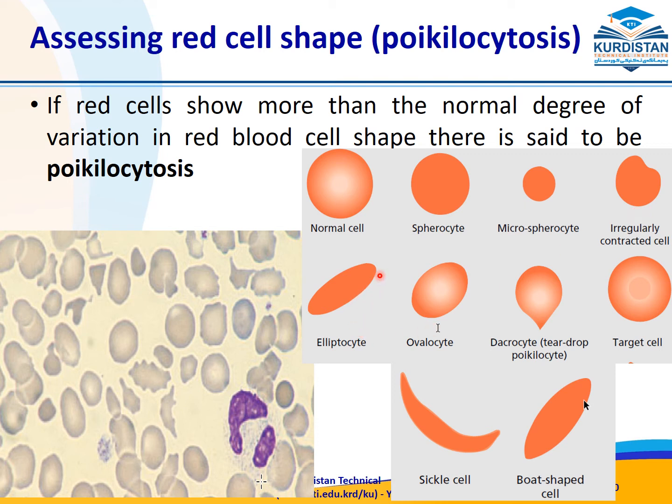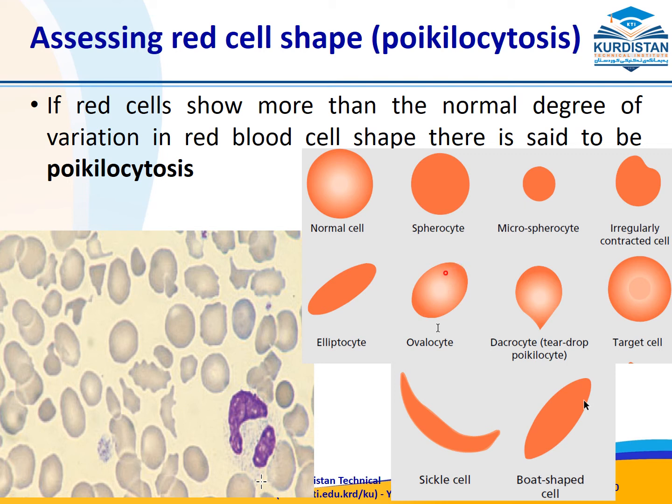Also, in some blood films, you might see elliptocytes. Elliptocytes means the cells have an elliptical appearance, okay? And sometimes you might see ovalocytes, so the cells might have an oval shape, or appear just like an ovum.